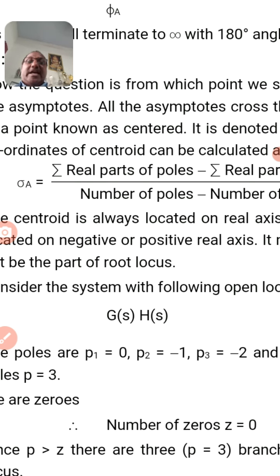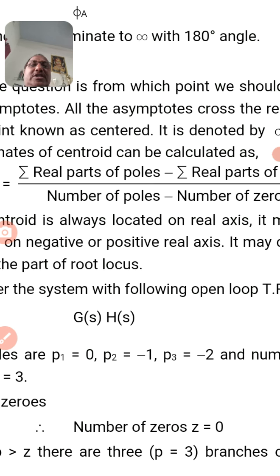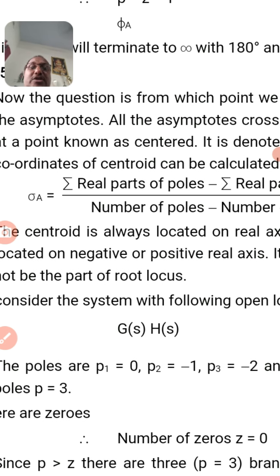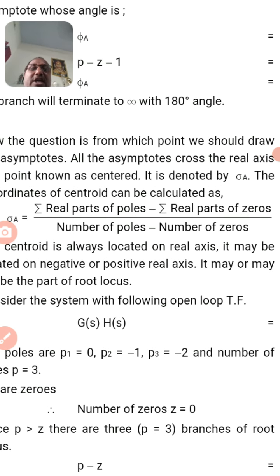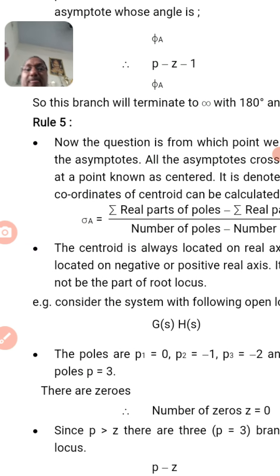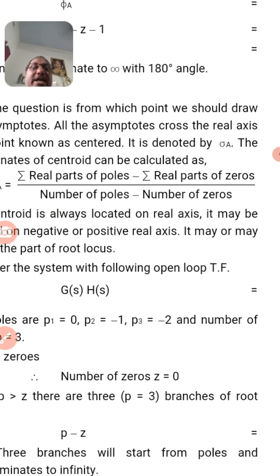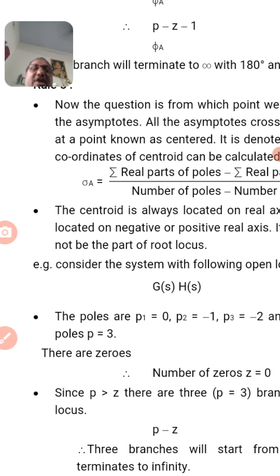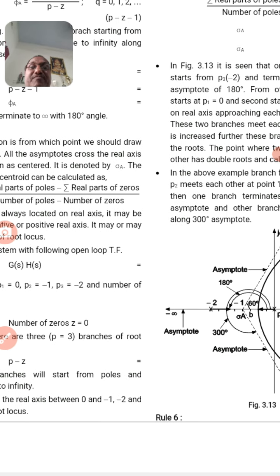That is, sigma a is equal to the sum of real parts of poles minus the sum of real parts of zeros, divided by the number of poles minus the number of zeros, which will give me a centroid that is always located on the real axis. It may be located on the negative or positive real axis. It may or may not be part of the root locus. This is rule number 5.